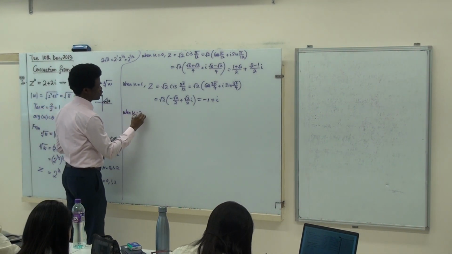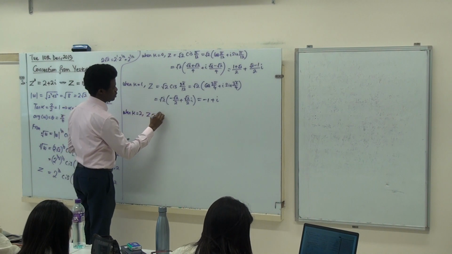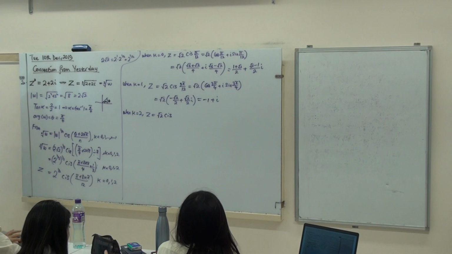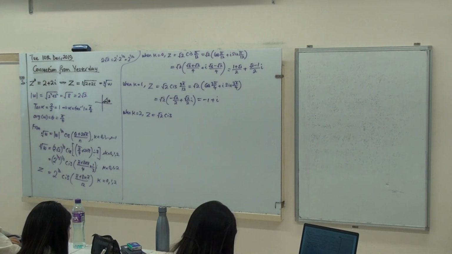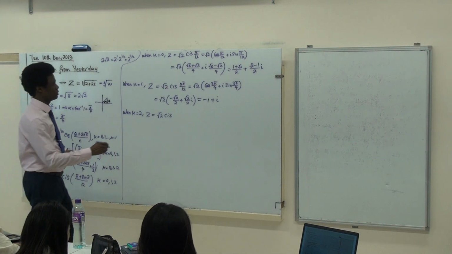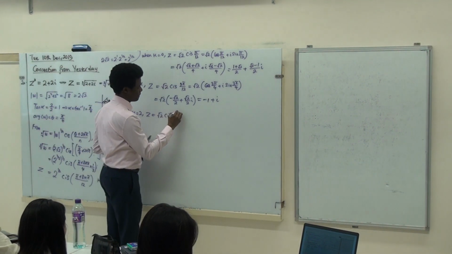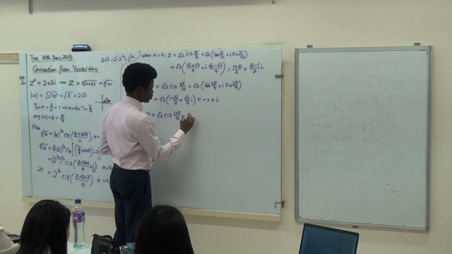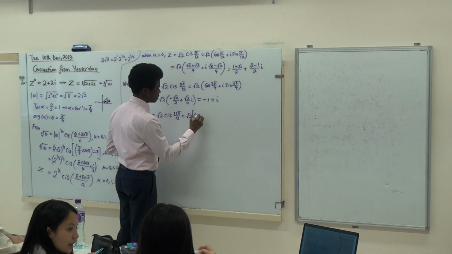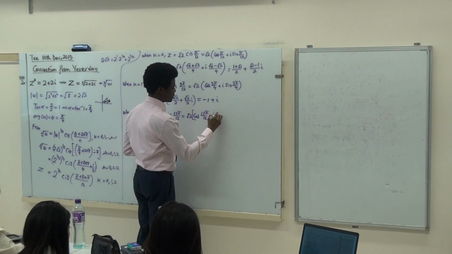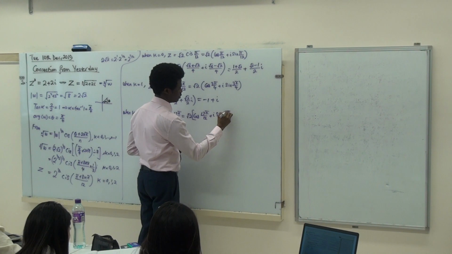When k is equal to 2, which is the last, z is root 2 CIS. How many pi do we have now when k is equal to 2? 17 pi over 12. So that would be root 2 cos 17 pi over 12 plus i sine 17 pi over 12.